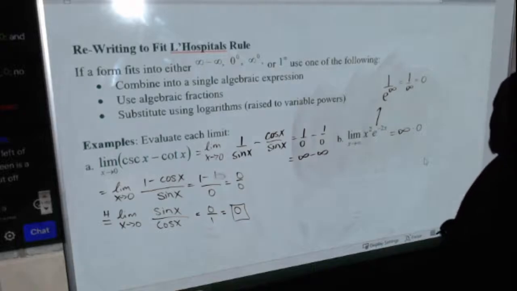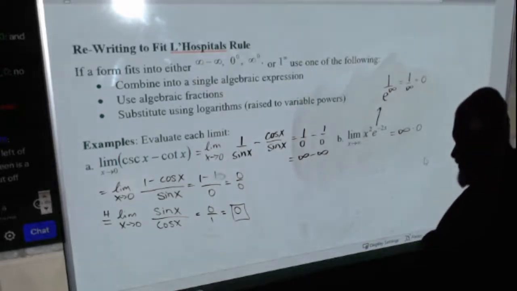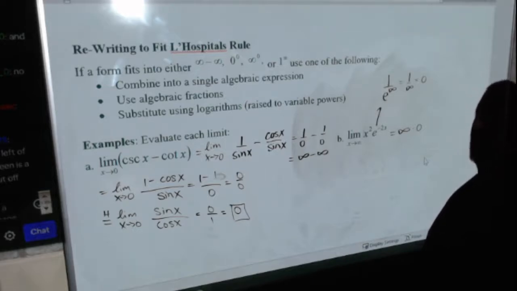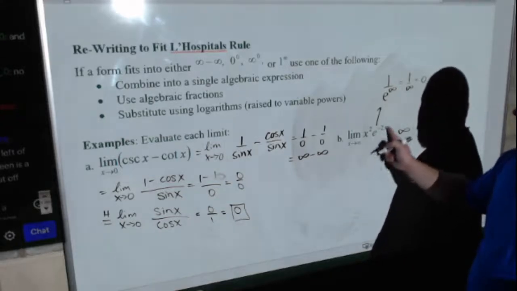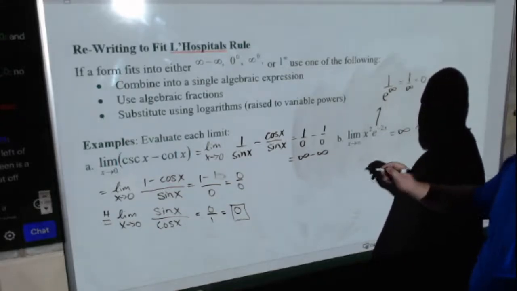But that is yet another form. And so I just need to rewrite this thing to get some 0 over 0 or infinity over infinity. So to do that, I'm just going to take this e to the minus 2x and put it in the denominator.